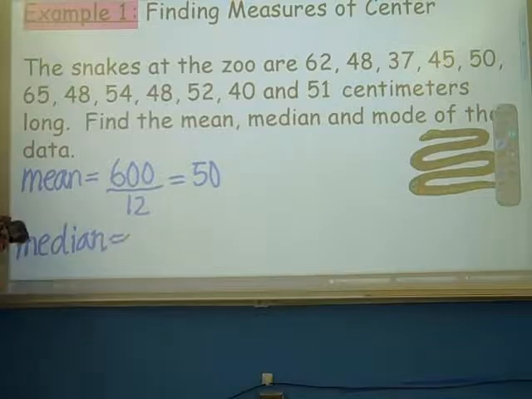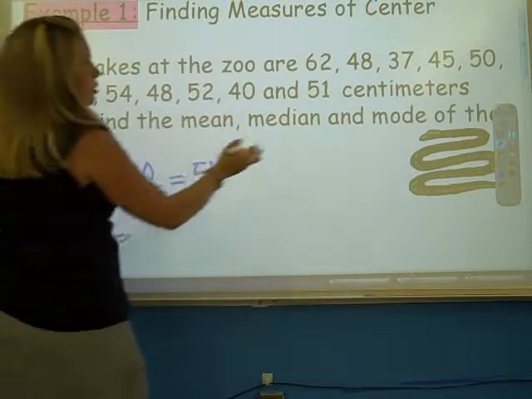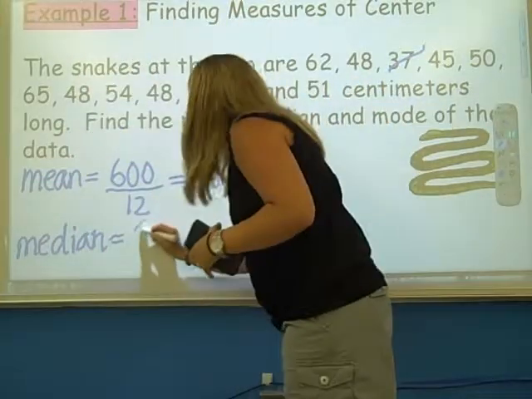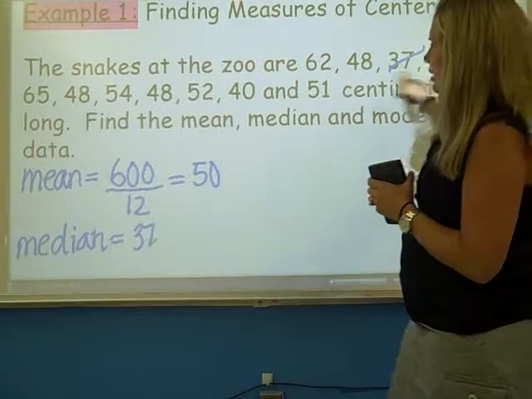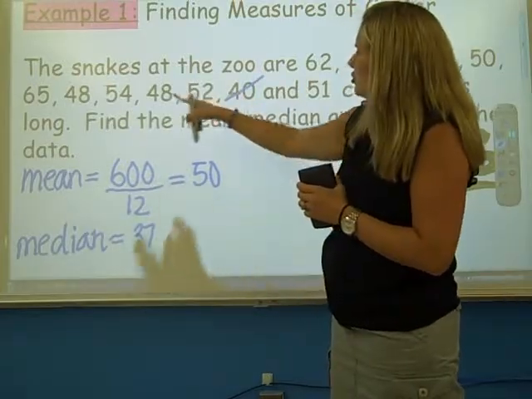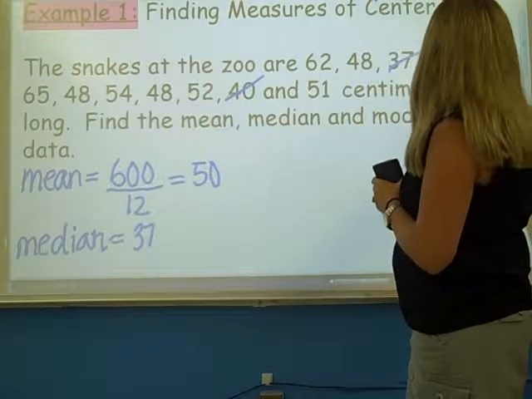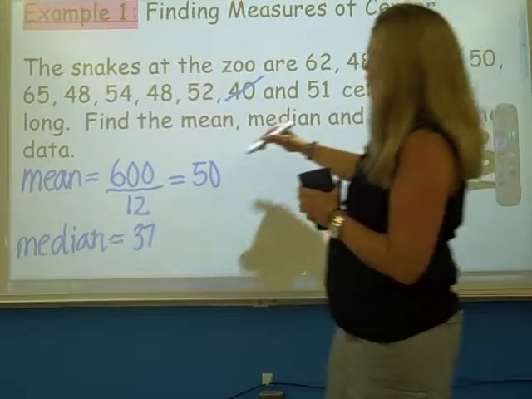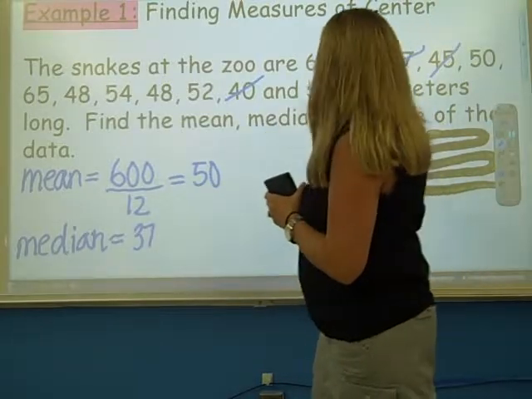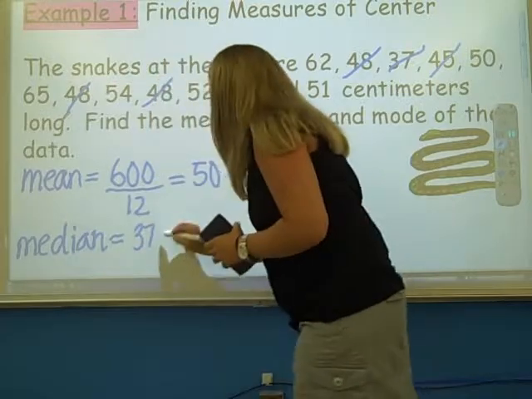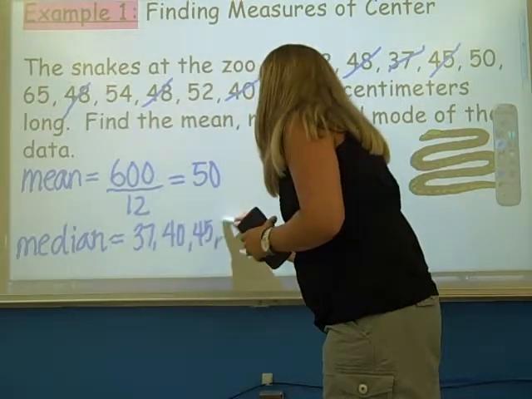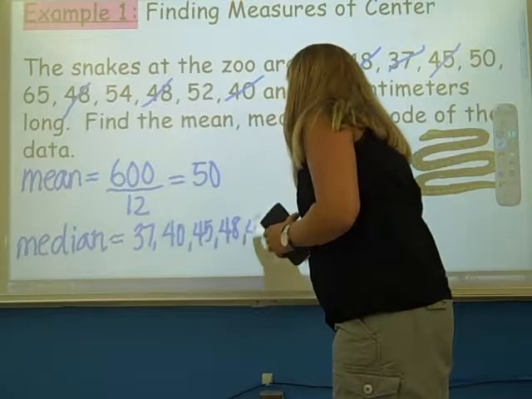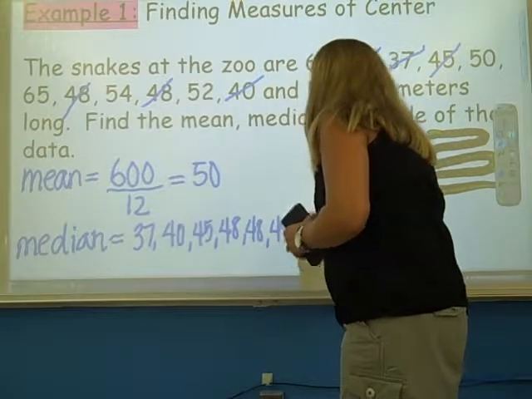Your median, you need to put the numbers in order. So what I generally do is cancel out as I go. There's only 1, 30, 37. 40s, I see a 45, 40, 40, 45, and 3 48s. So 40, 45, 48, 48, 48.